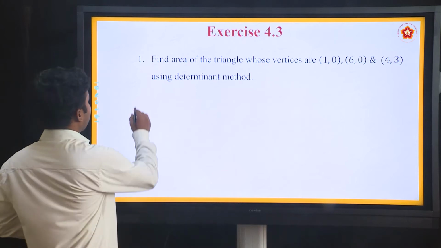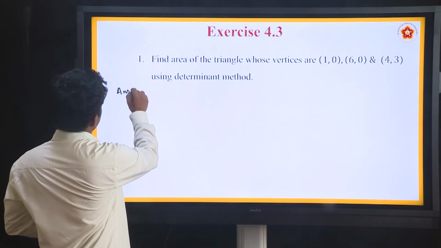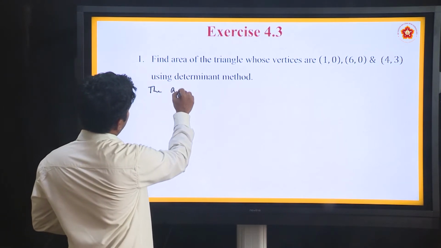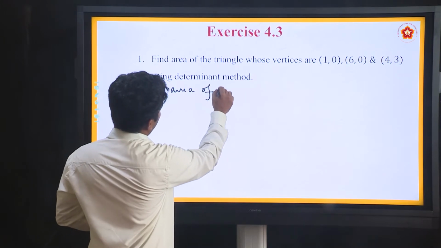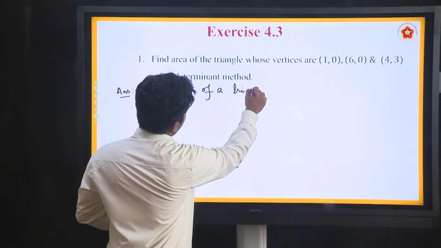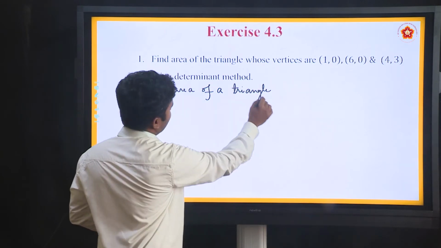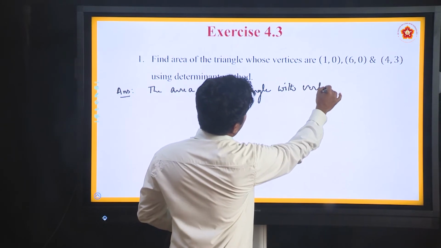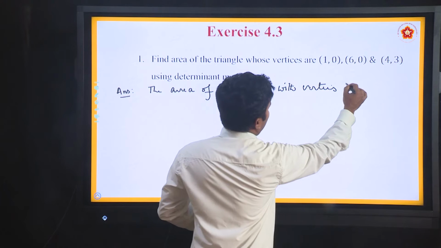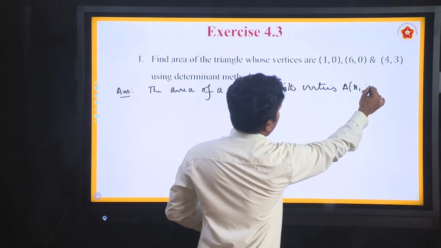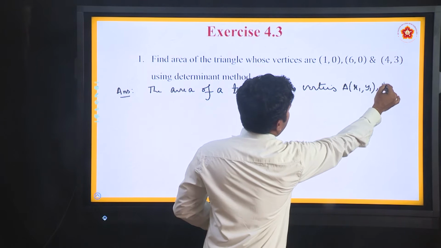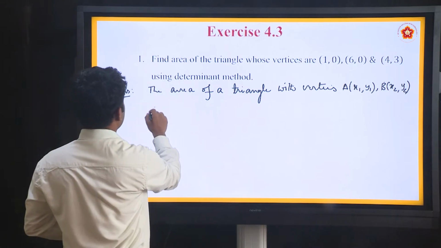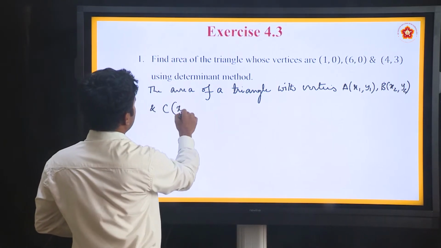So, as we know, what is the area of a triangle? The area of a triangle with vertices, say A x1 y1, B x2 y2 and another vertex C, x3 y3.